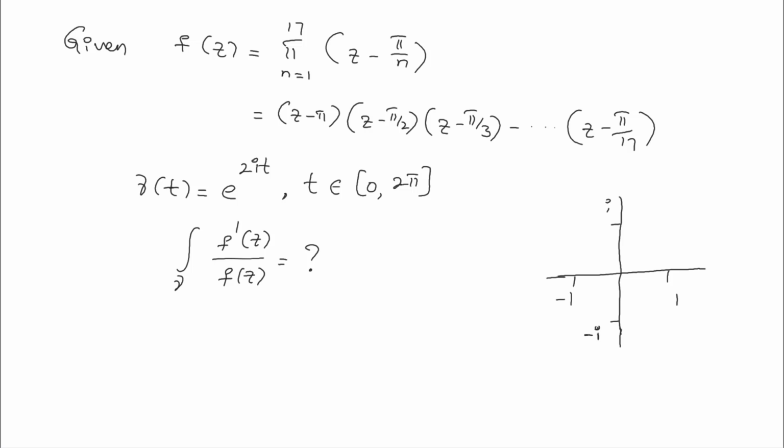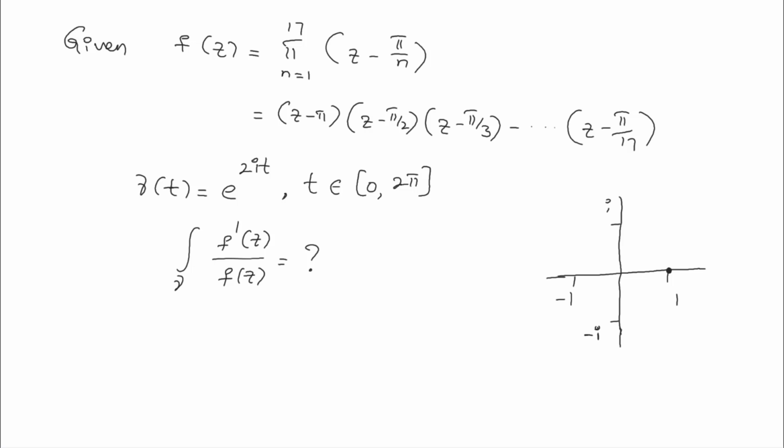Now, what the curve gamma of t is. When we take t equal to 0, we get gamma of 0 as 1. That means the curve starts here, at the point 1. When we move towards 2 pi, let me take the value of t as pi divided by 2.